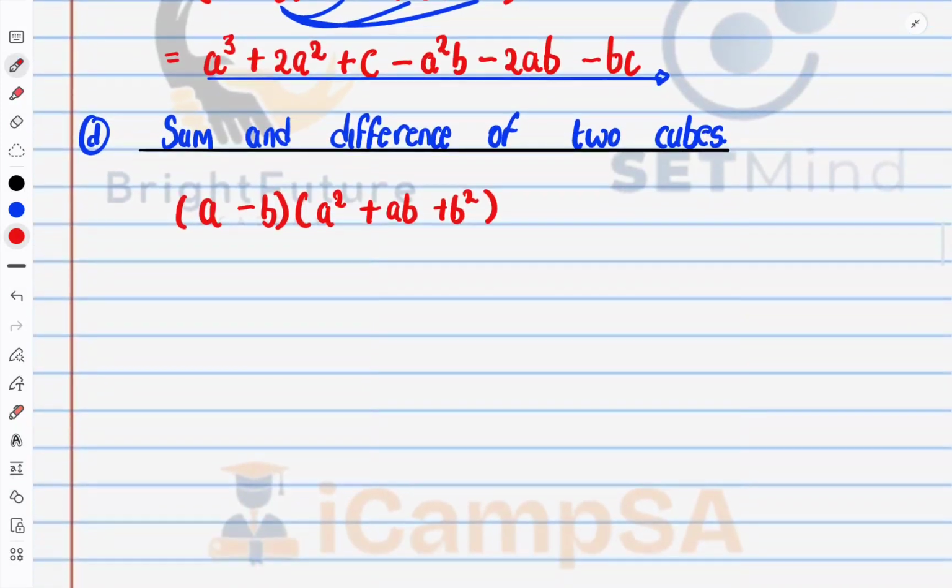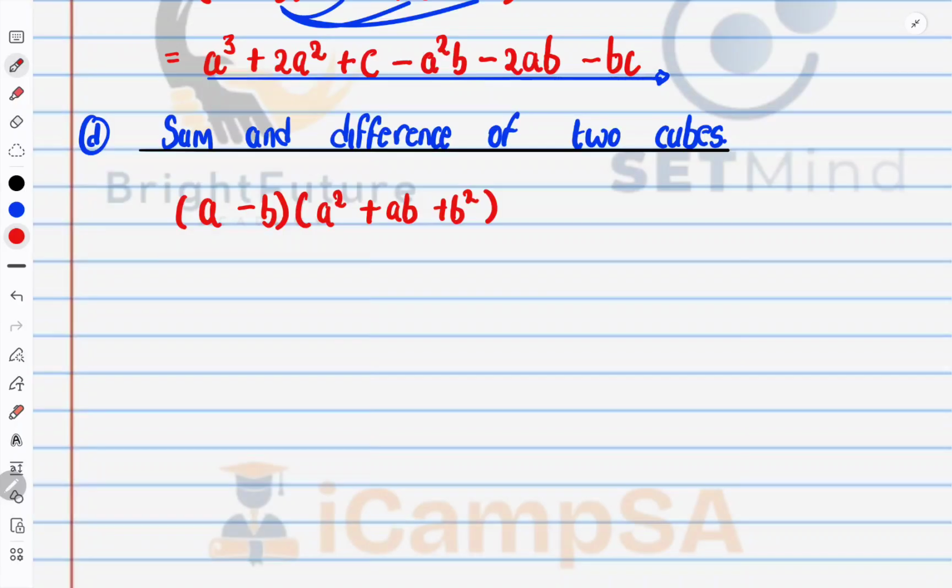And this will come in handy once we do factorization, because what we have here is actually the reverse of factorizing a difference of two squares. But let me show you how we get there.